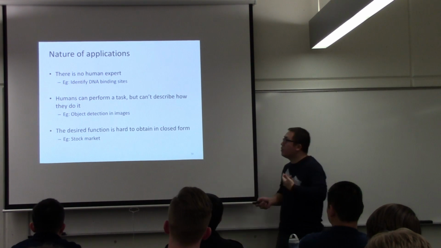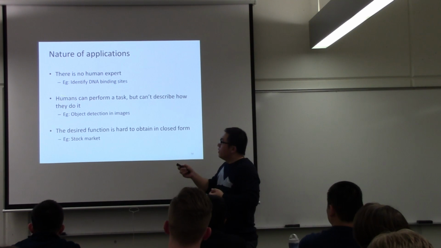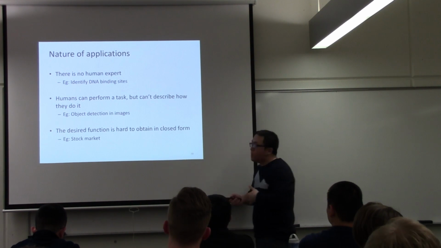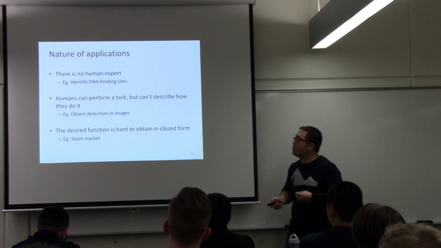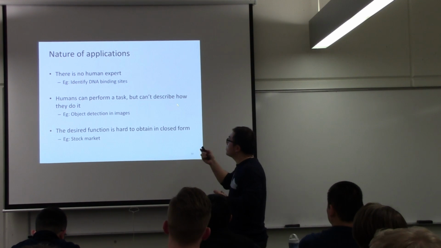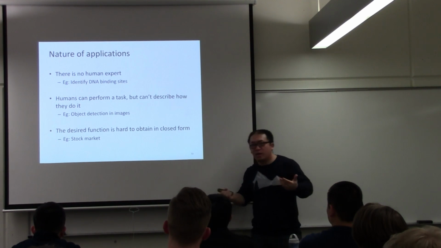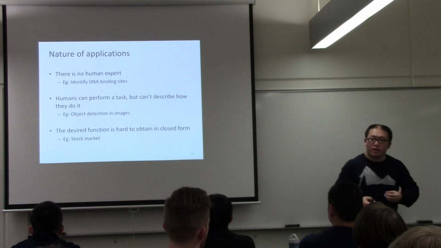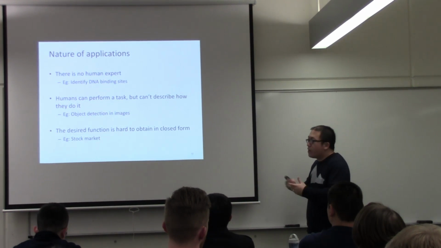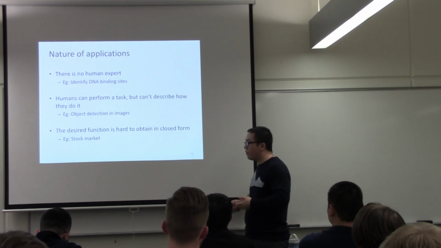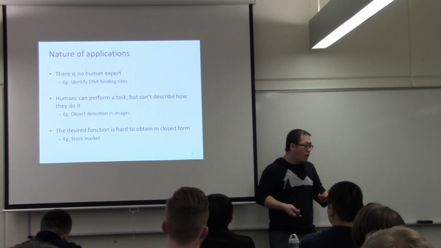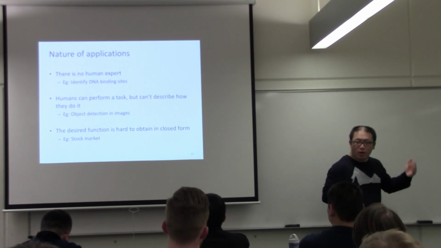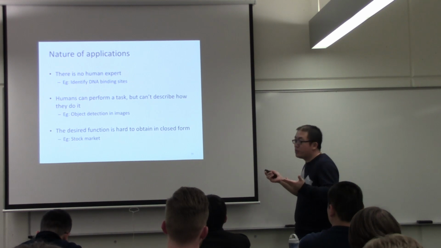And a second example scenario is that we want to do some task that humans can perform very easily, but can't explicitly describe how we do it. For example, to recognize objects in pictures, it is very easy for us. Like we easily recognize people, desks, laptops, erasers, right?